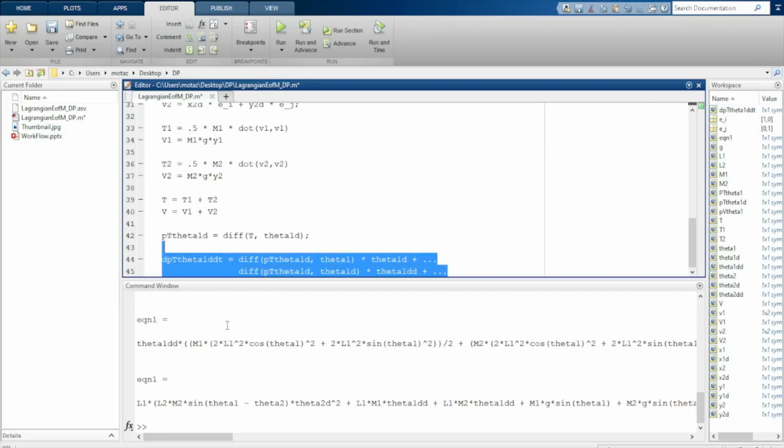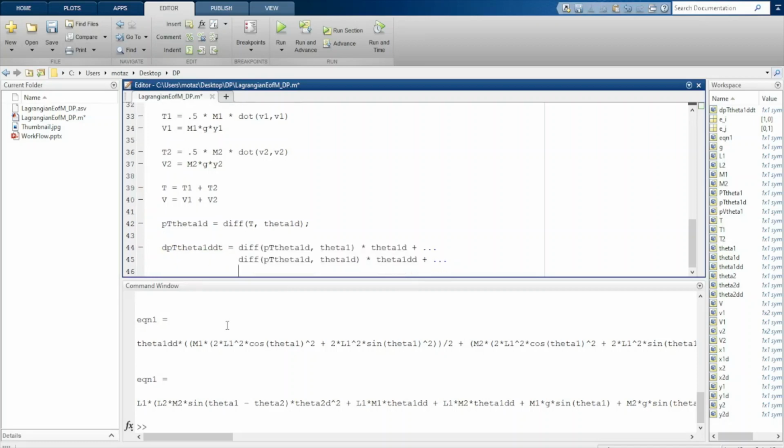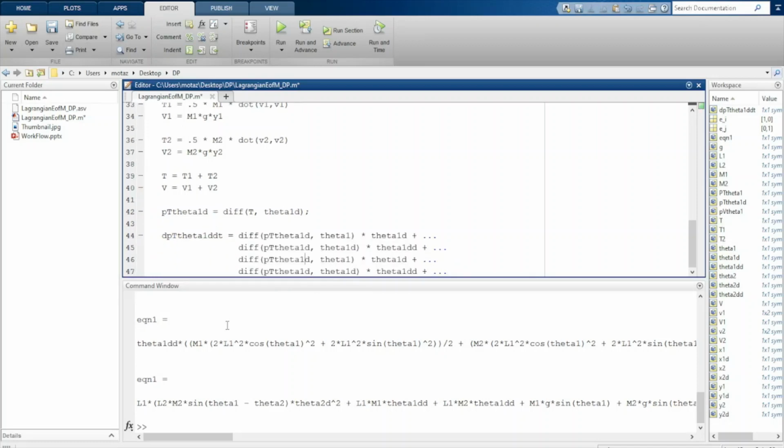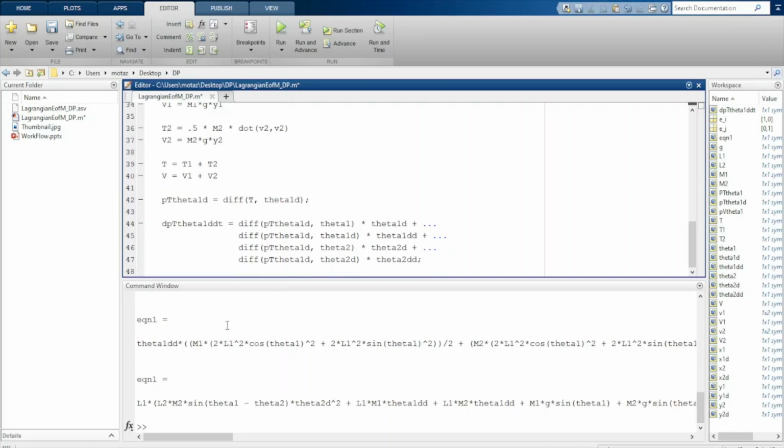And we need to do the same for the other generalized coordinate, which is theta 2 and theta 2 dot. So theta 2 and theta 2, and then theta 2 and theta 2. So that's the first term.